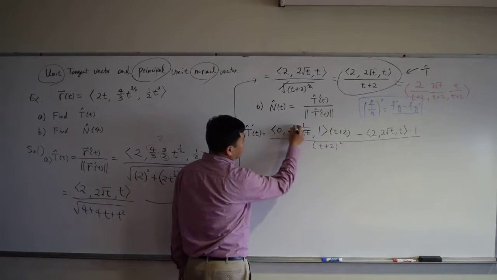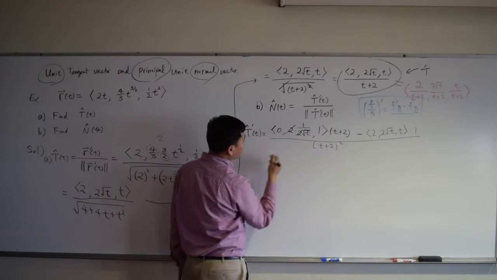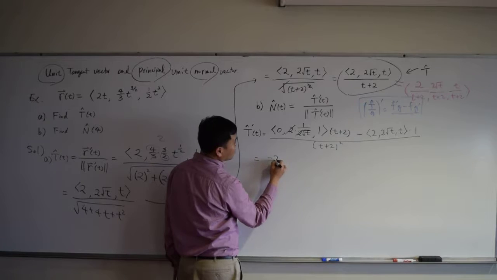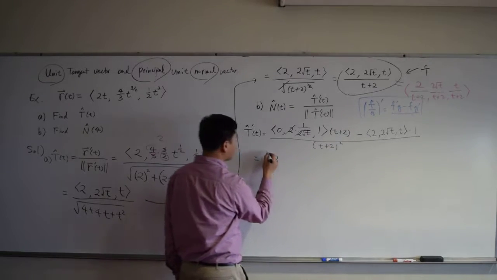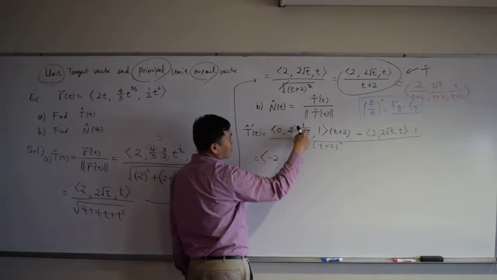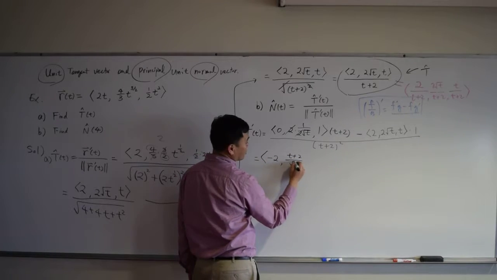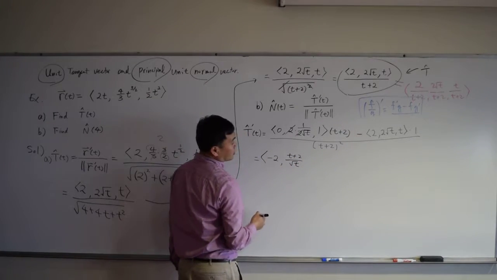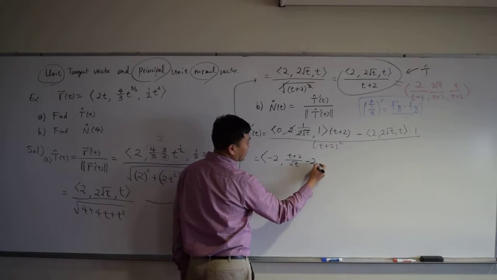And then let's continue. 2 cancels. Let's see. 0 minus 2 is negative 2. Oh, no, that's not right. Oh, that's still right. Okay. Now, if I multiply t plus 2 to 1 over radical t, that's t plus 2 over radical t. And then this one is 2 radical t, so that I have to subtract.